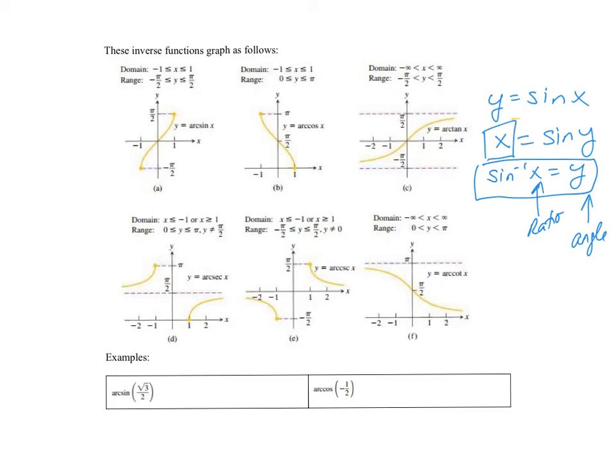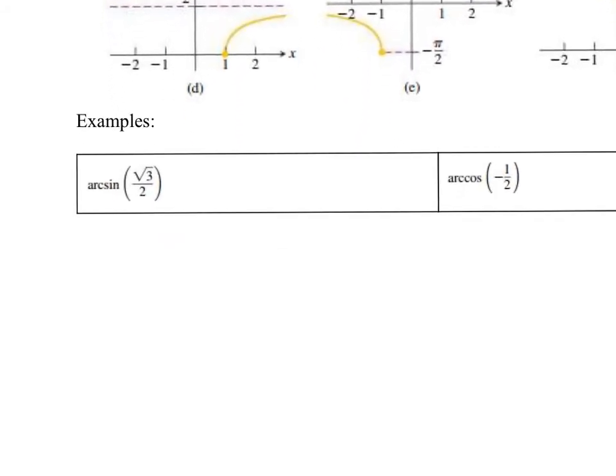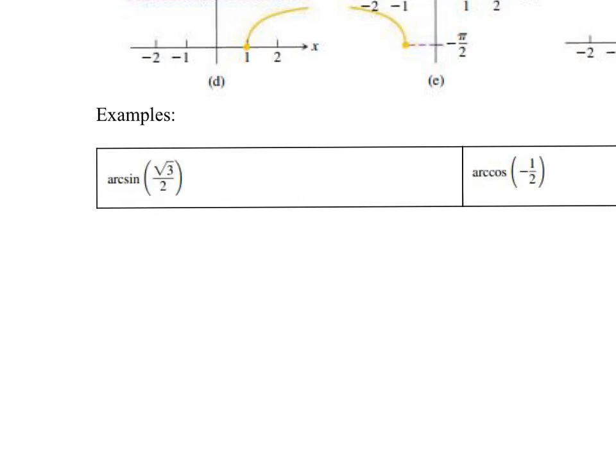Let me make that more specific. Let's look at the first example. So arc sine, this is the ratio of the sides of the triangle that we're talking about. So our answer will end up to be some angle measurement. Okay? A lot of the times you can actually do this in your head. You have to think, well, what angle measurement would I be dealing with if my answer was square root of 3/2?